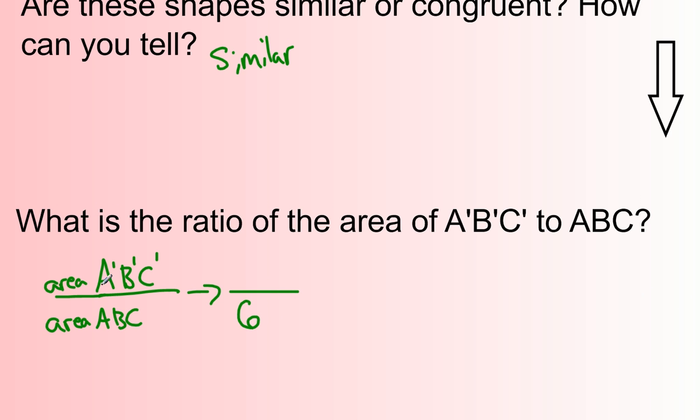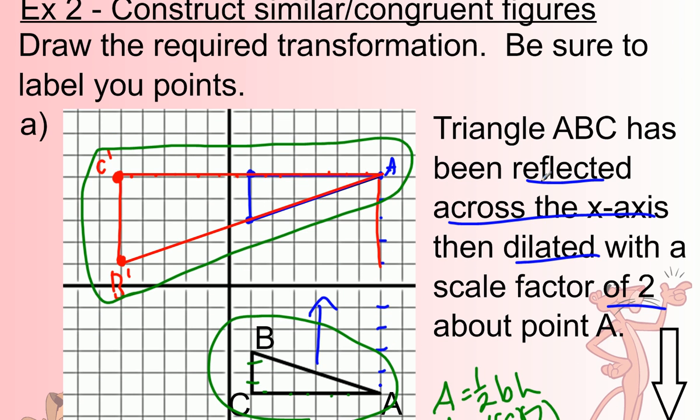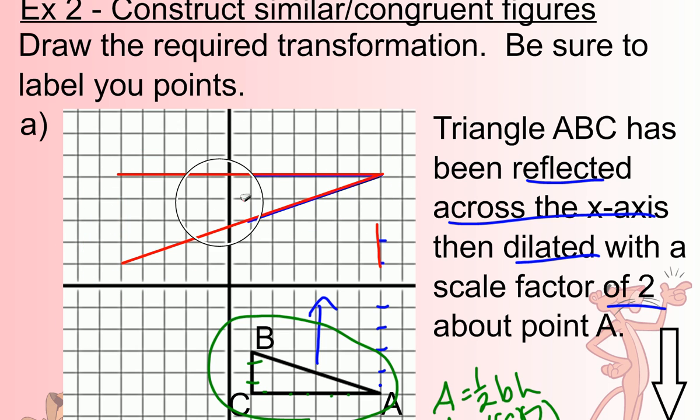Now we need the area of A prime, B prime, C prime. Yeah, I can erase most of this because the red line is going to stay. All right. Oopsie, that little guy disappeared. I can fix him. All right, so we need to find the area of this red shape.